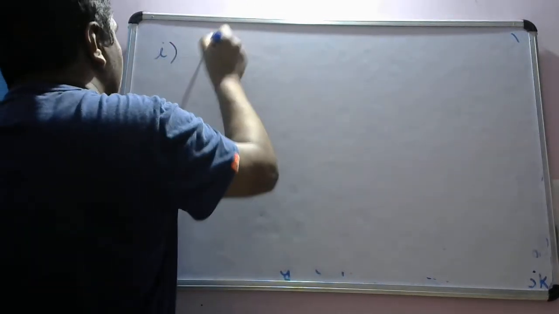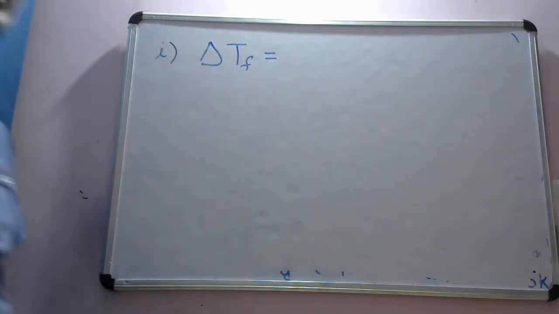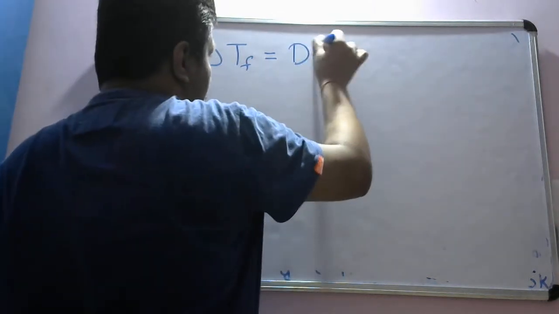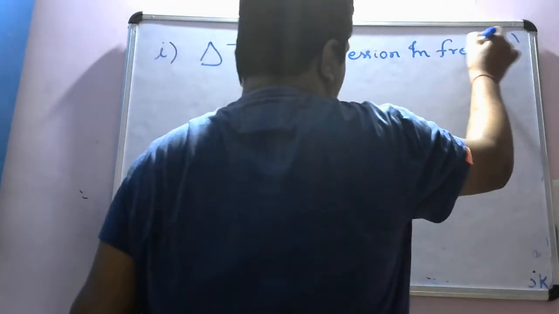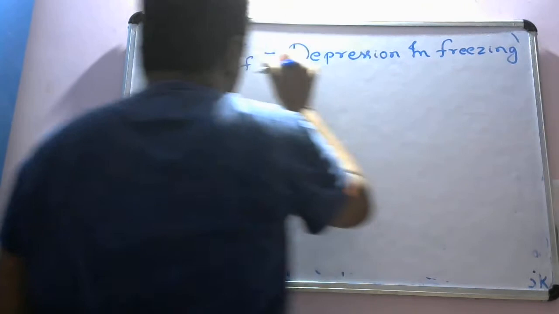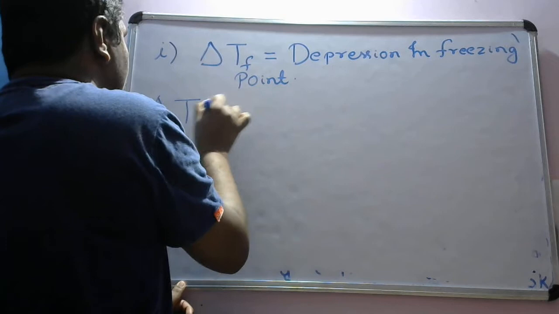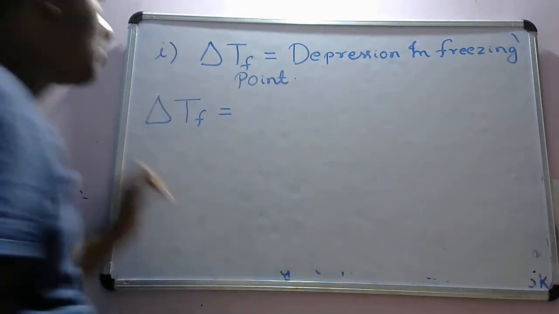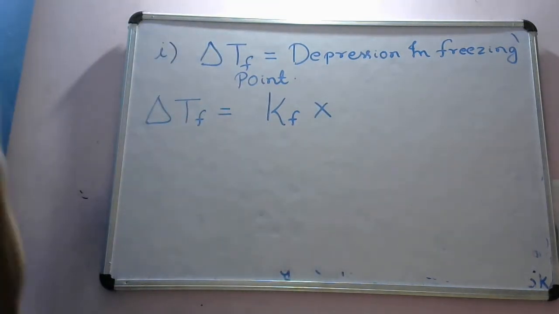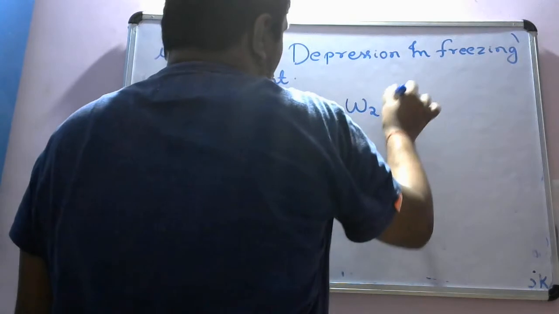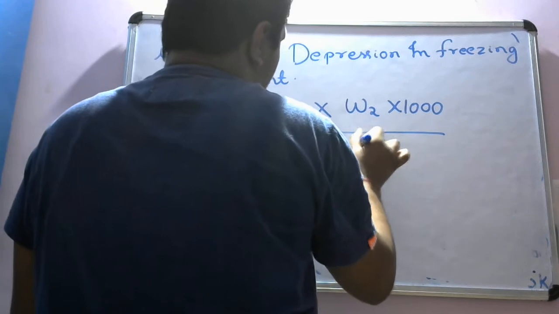Part 1, delta Tf. Depression in freezing point: how much the freezing point is decreased? That is the depression in freezing point. So delta Tf equals, you know the formula very well, Kf into W2 into 1000 by M2 into W1.